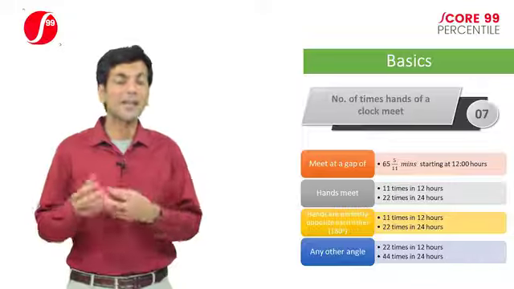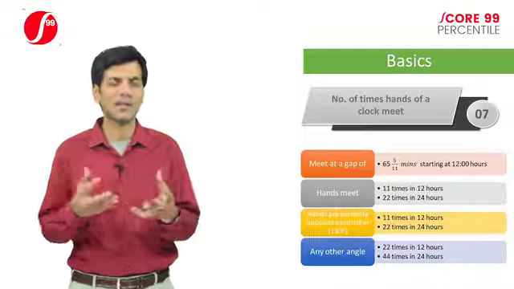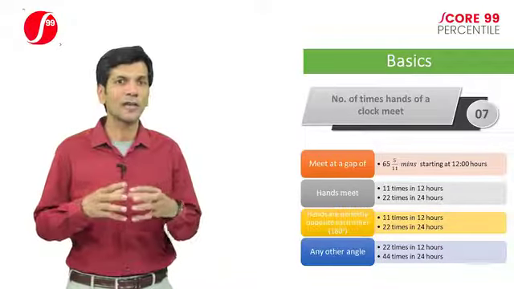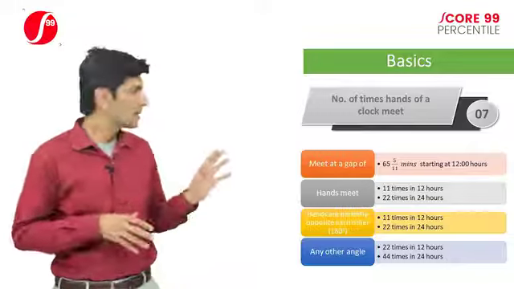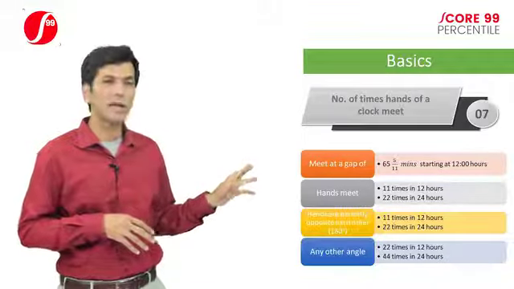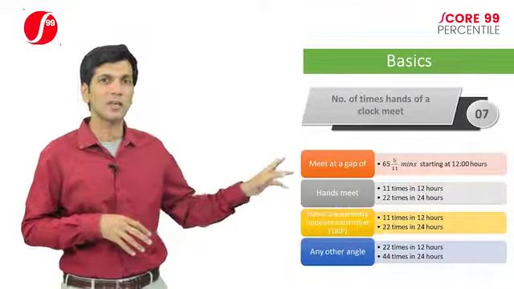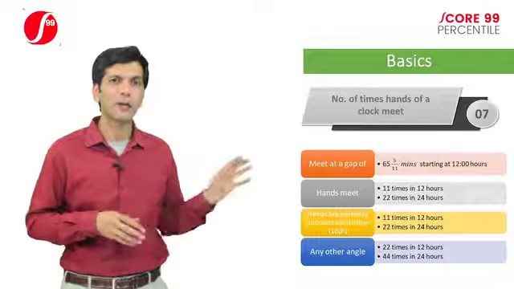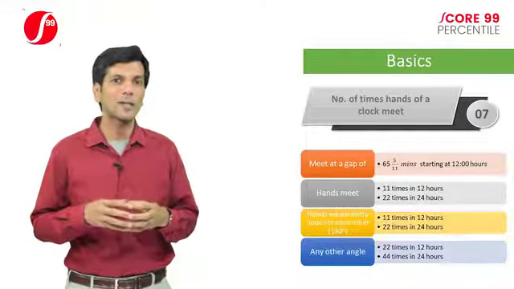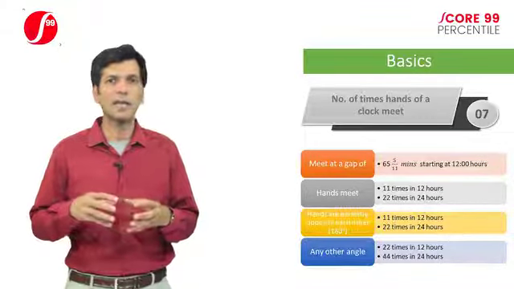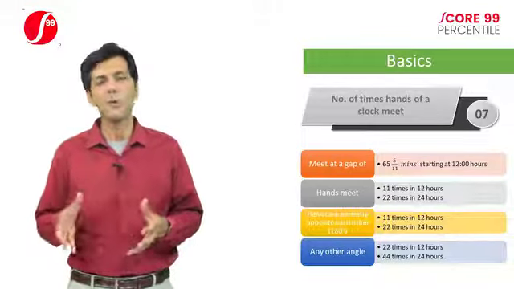Usually you will come across questions that talk about the angle between them being 90 degrees and things like that. But remember that for any other angle other than 0 or 180, the number of times will be 22 times in a 12 hour span and 44 times in a 24 hour span. So this is the number of times the angle between the hour hand and the minute hand can be anything other than 0 or 180.